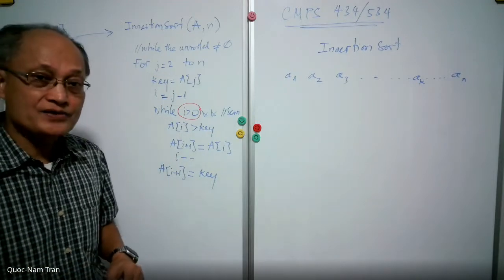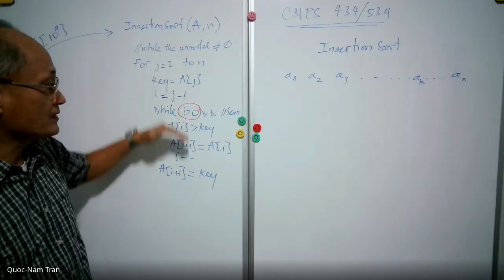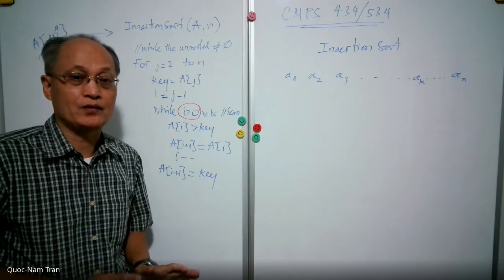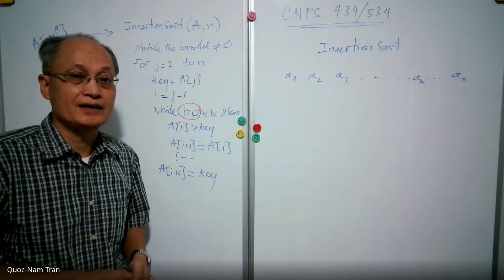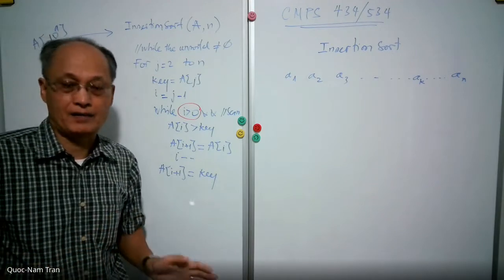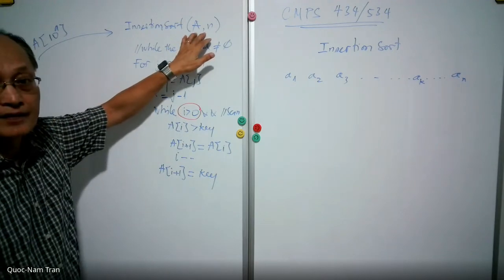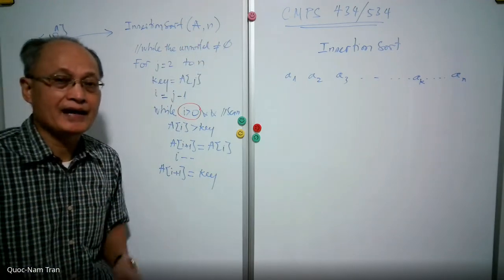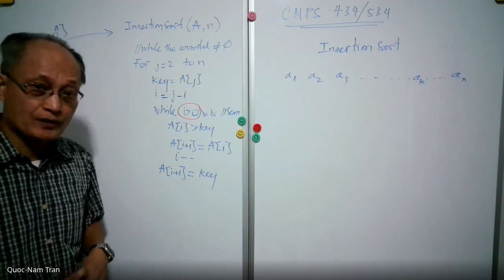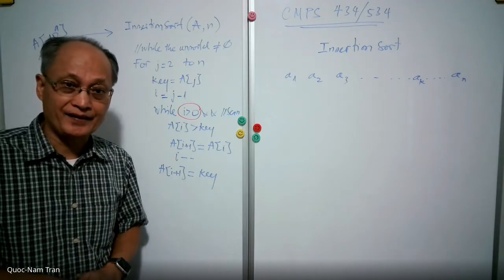And also last time we showed that this algorithm is always correct. We used induction to prove that the algorithm is always correct, regardless of how many elements we have for the input or any kind of input we have, right? We also showed that this algorithm always terminates, okay?